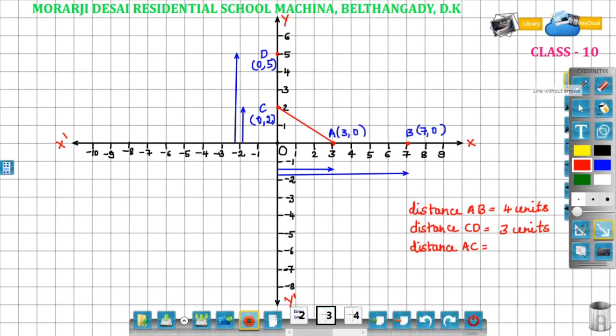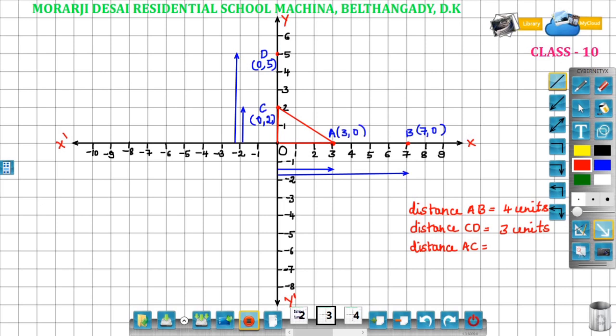See here, the line AC makes a right triangle with x-axis and y-axis. See here, triangle AOC is a right triangle.